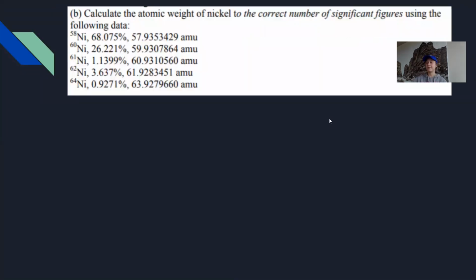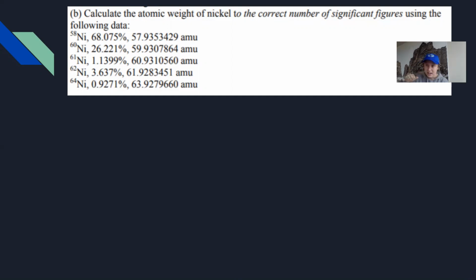Okay, so now for 1B, this is a little different. Sorry, this is the one that I was talking about, 58.692. What you do for this one is you take the percentage and multiply it, obviously while it's in decimal form, by the AMU and do that for all of them, and then you add it up. It's a really similar question.